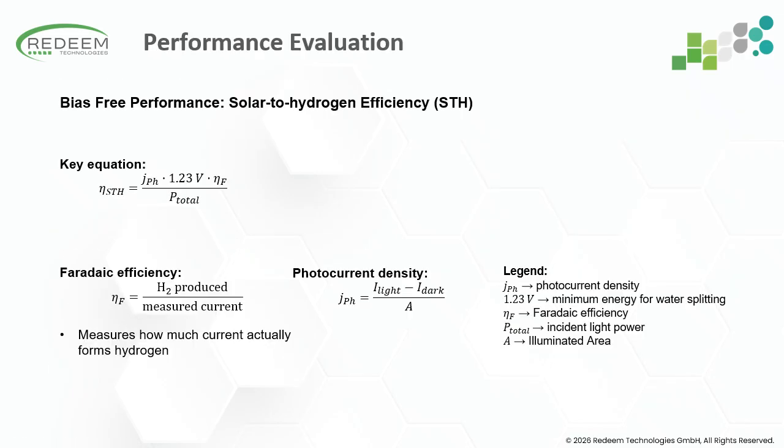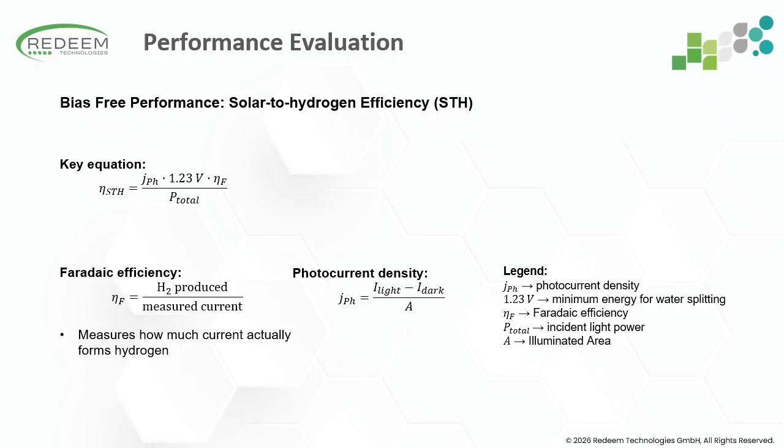To compare different photoelectrochemical systems, several performance metrics are commonly used, and the most comprehensive one is the so-called solar-to-hydrogen efficiency, or STH. It describes how efficiently the incident solar light is converted into the chemical energy stored in hydrogen, and is therefore the key metric for bias-free water splitting devices. Another important parameter is the Faradaic efficiency, as you can see below.